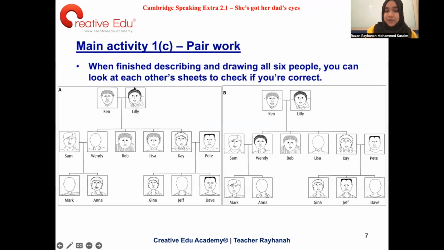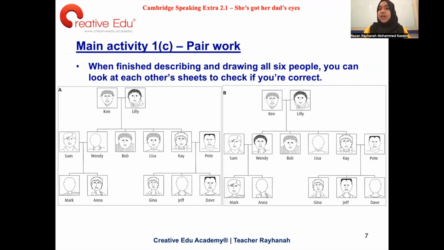Let's look at Lily, everyone. I would say this person has round eyes, a pointy nose, pouty lips, curly hair. So who is it? It's Lily. So that's how you describe a person.